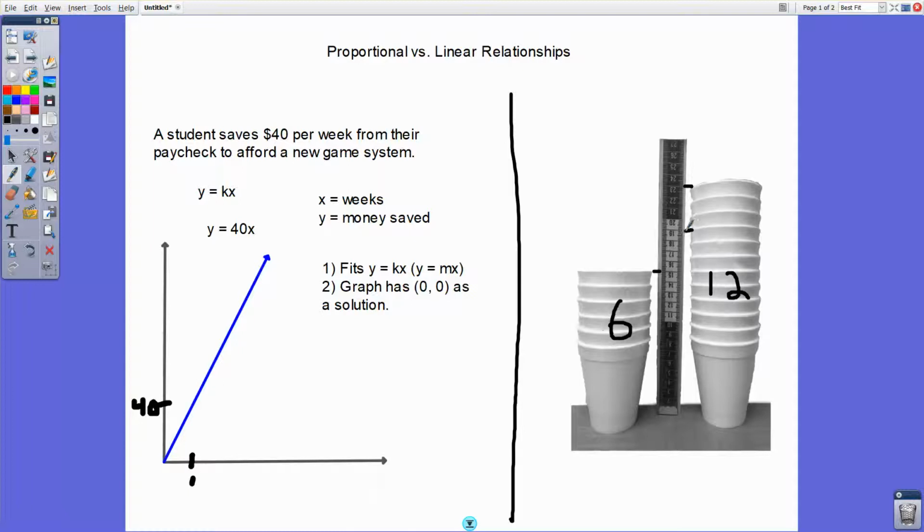So it went from 15 to 19 in 3 cups, which is a change in height of 4 centimeters. And that was with 3 cups, right? So if I were to make that into a unit rate, that would be 4/3 centimeters per cup.